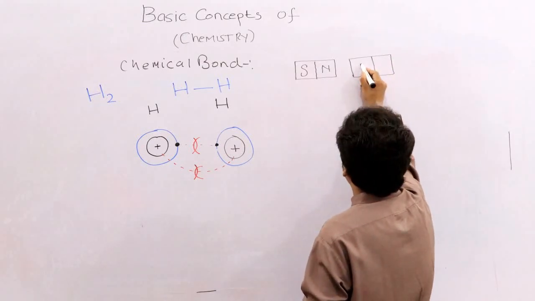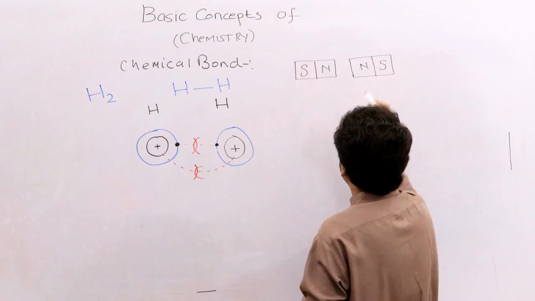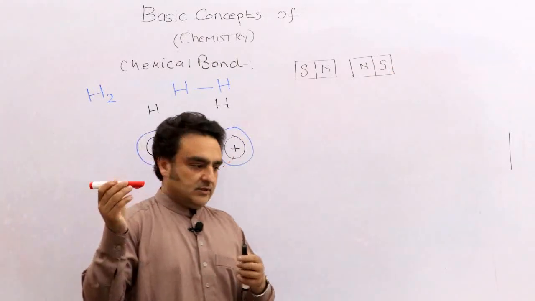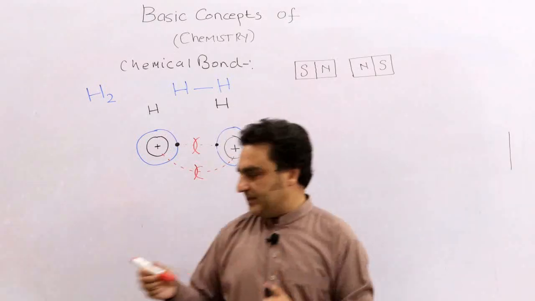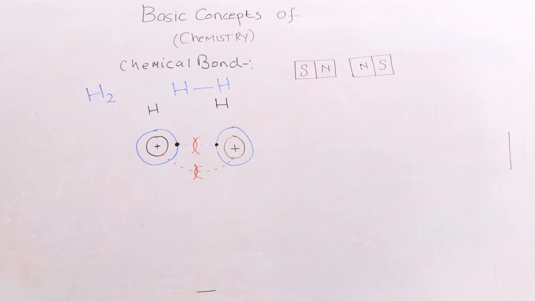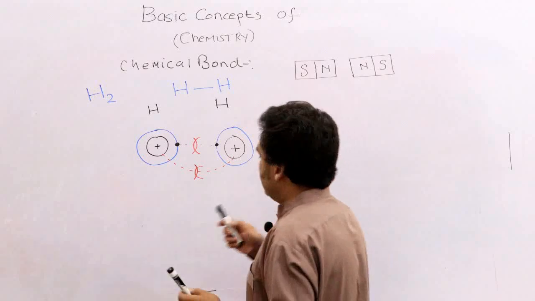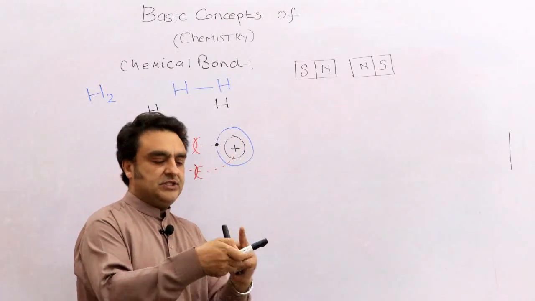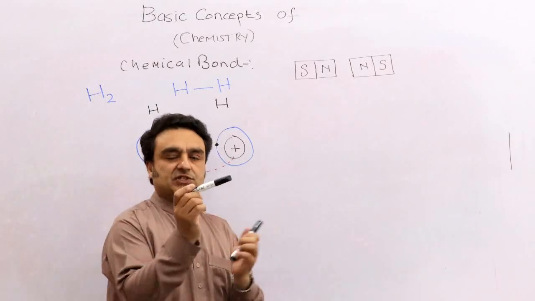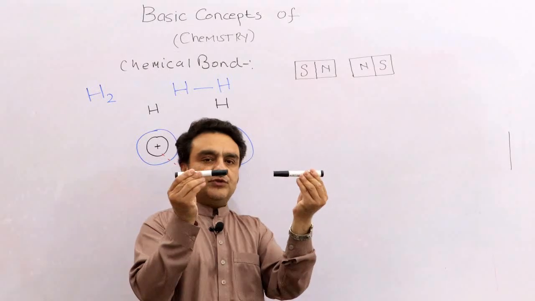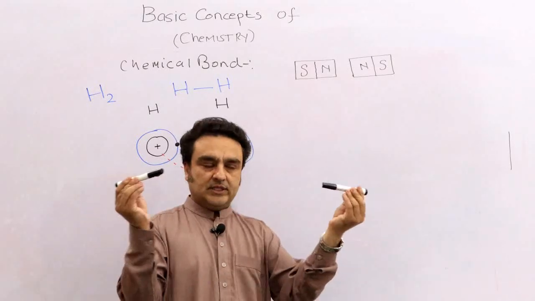Now again, north and south, what will happen? Suppose this is the north of the black one and this is the south. When you bring the magnets together, north to north, they repel each other.